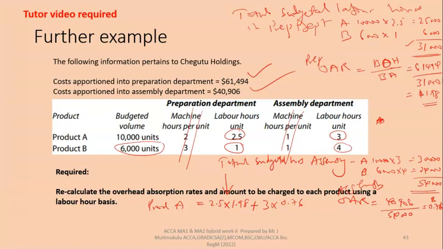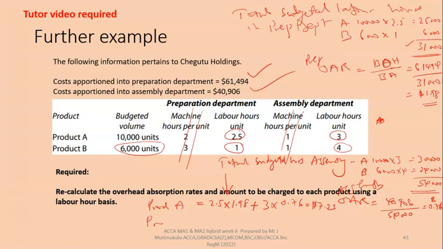Okay, so what happens is we then have to find the total there, which becomes $7.23.